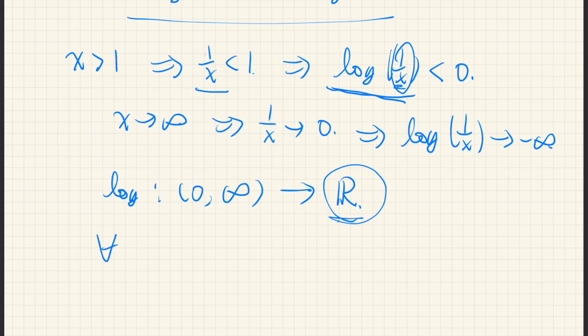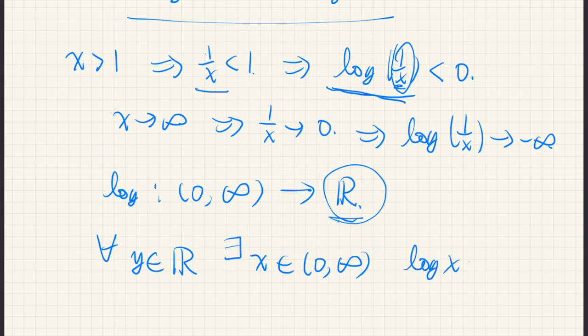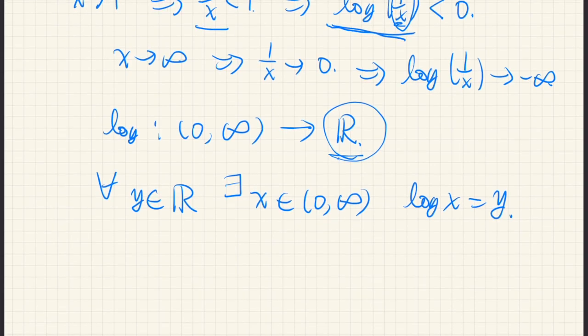So let's write that: for any real number y, there exists some x between 0 and infinity such that log of x is equal to y. Therefore, log is surjective.